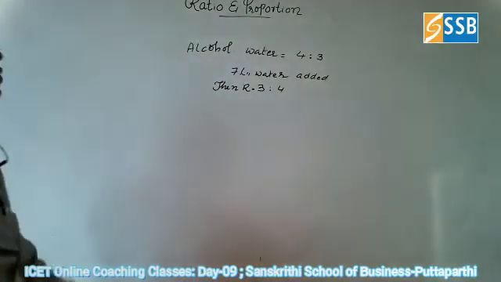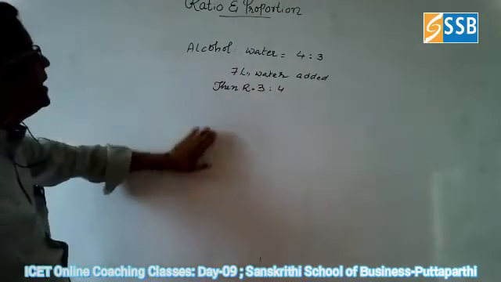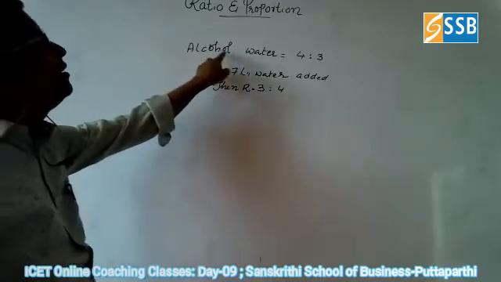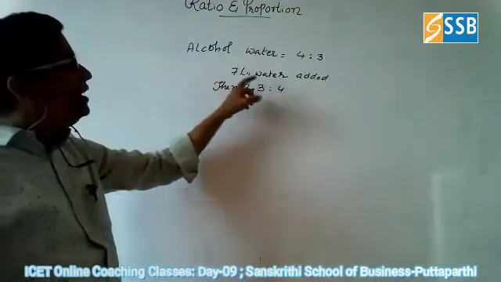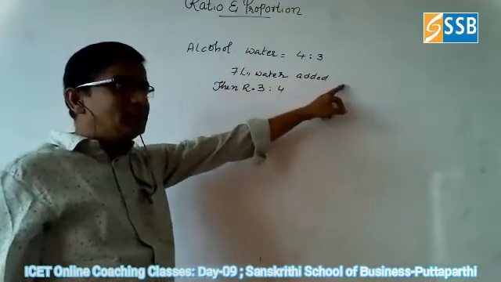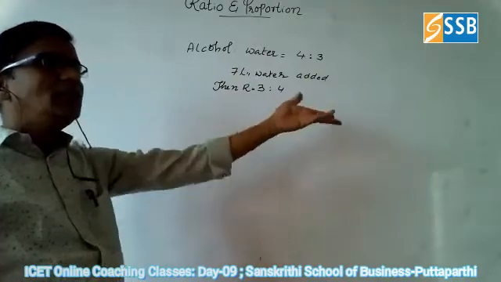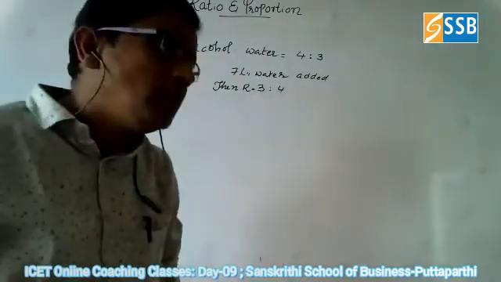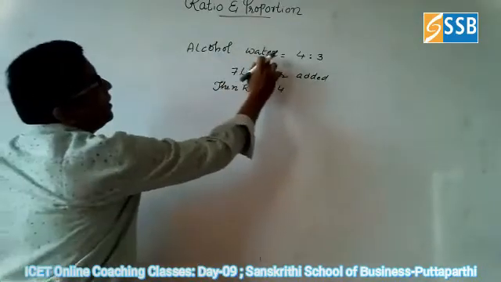See here, the question is: a mixture of solution contains alcohol and water in the ratio 4:3. If 7 liters of water is added, the ratio becomes 3:4. Then find the quantity of alcohol. Same here, alcohol and water.